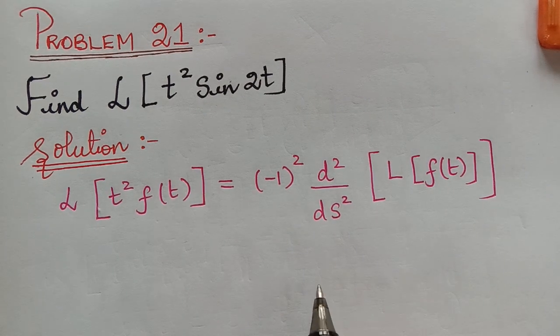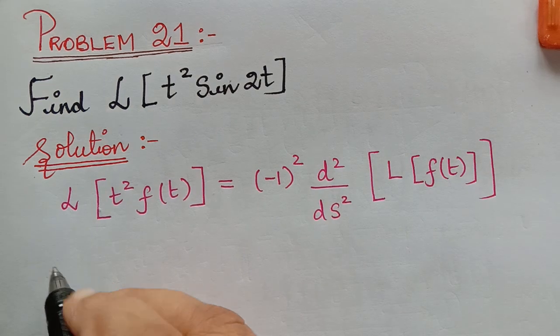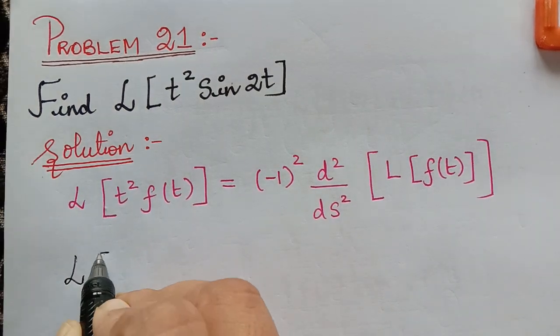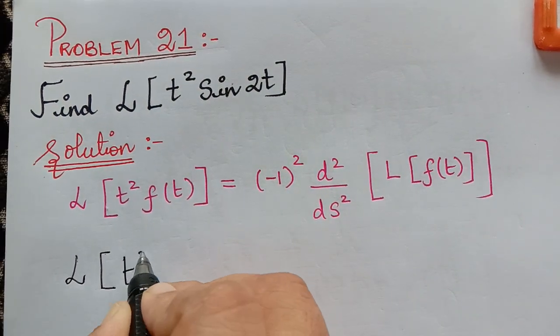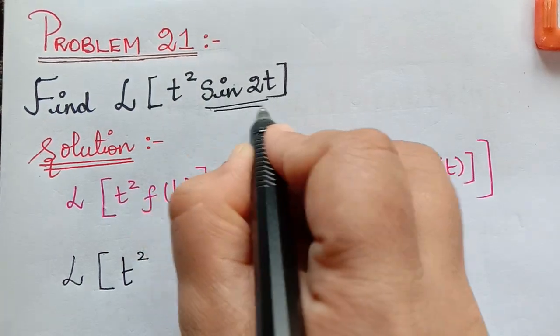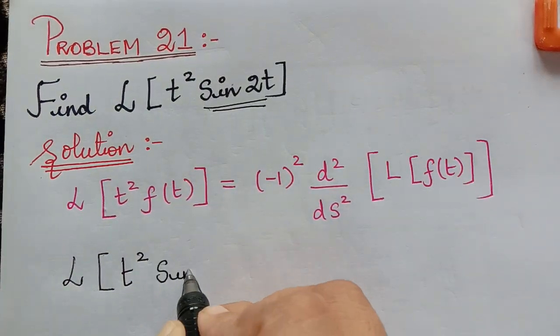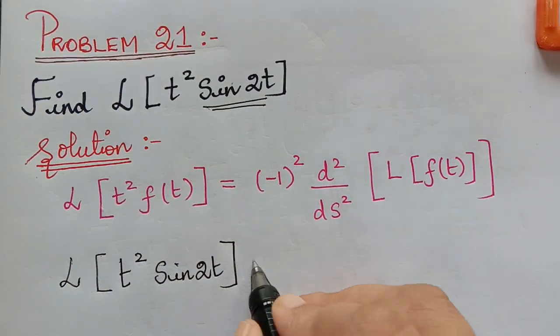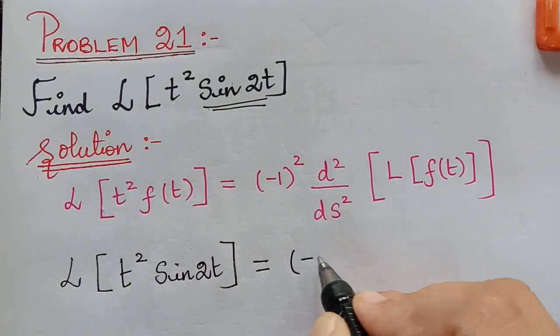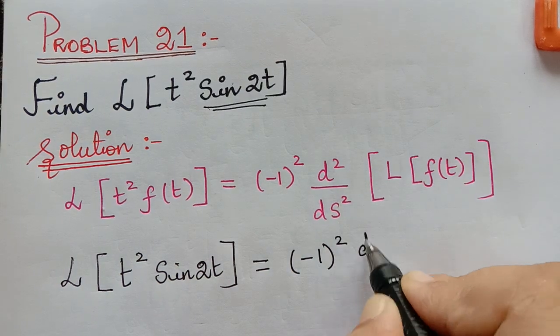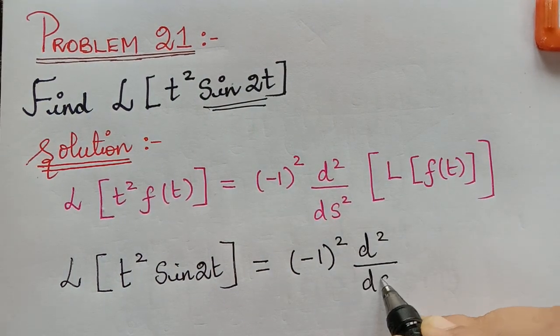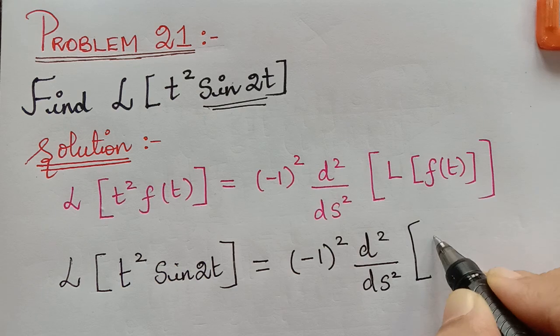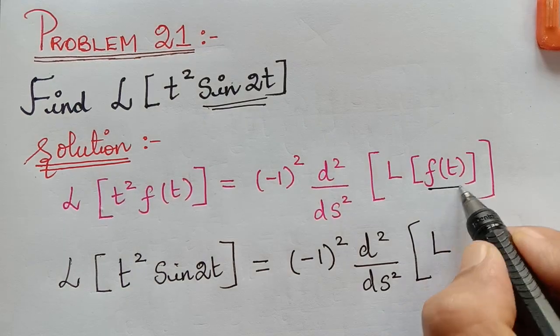Now using this corollary in our given problem, we have Laplace transform of t square, and instead of f of t we have sine 2t. So applying this corollary, we have to find (-1) the whole square d square by ds square of Laplace transform of f of t.